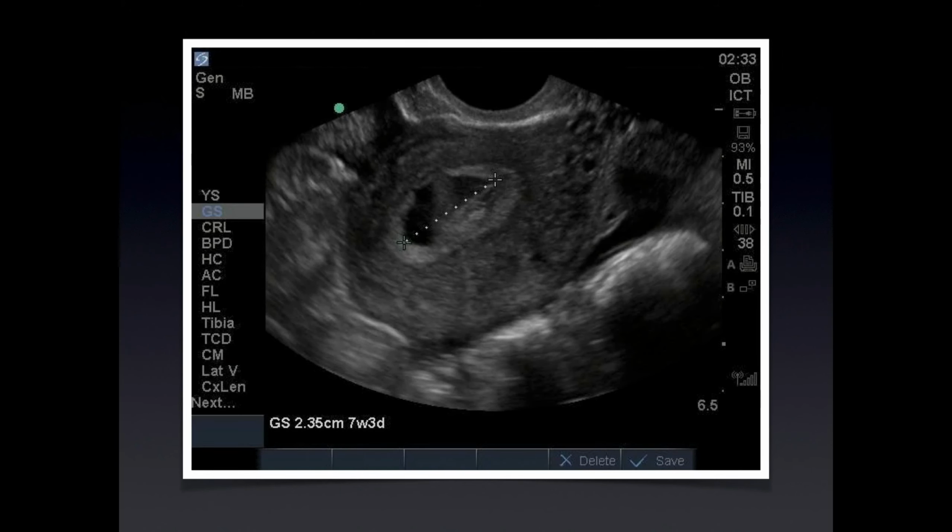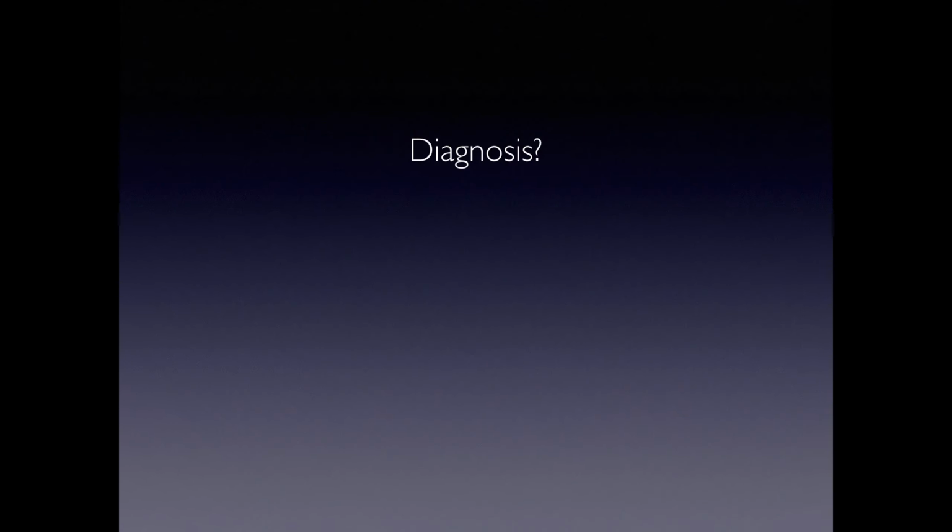When we measure it, it even looks like it could be a 7-week, 3-day pregnancy, but again, without that yolk sac, it is not an intrauterine pregnancy. So diagnosis, NDIUP with very, very high risk of ectopic pregnancy, needs to be admitted to obstetrics.